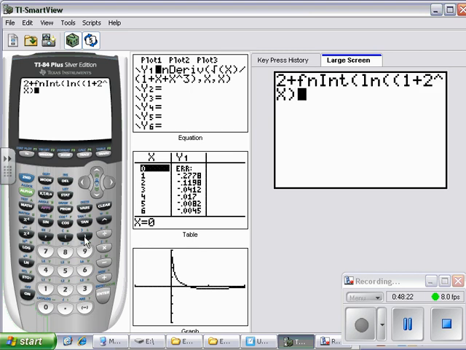Did I put too many parentheses in there? I did. Let me just delete that one. And I want it, comma, x, comma, the old to the new. So it's comma 1, comma 2.